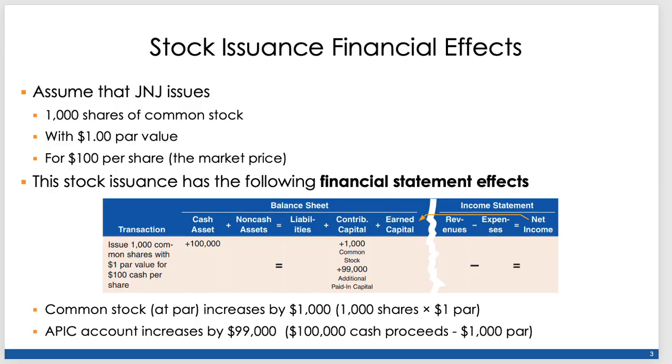Then from a financial statement effects perspective, you see how this table works out. The company has raised, by selling 1,000 shares, $100,000, and you see the allocation of this in contributed capital. 1,000 of it is shown as common stock, because that's the par value, right? And then the additional $99,000 shows up as additional paid in capital. Pretty straightforward conceptually.